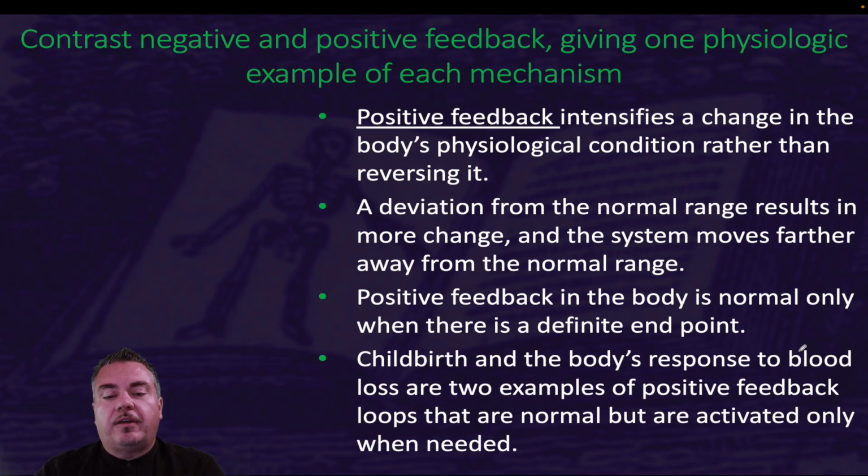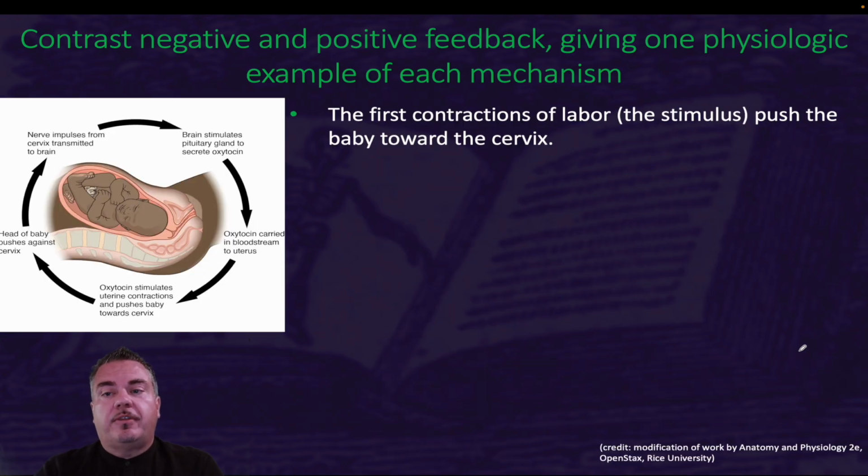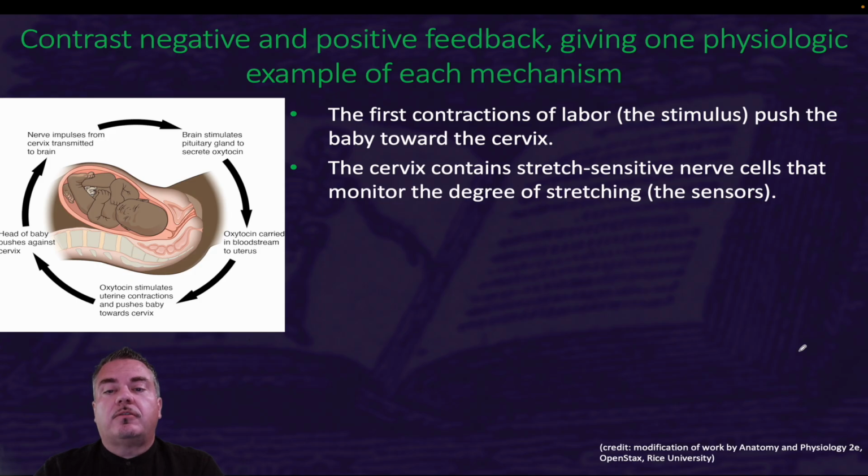Childbirth and the body's response to blood loss are two examples of positive feedback loops that are normal but are activated only when needed. For example, the first contractions of labor would be the stimulus which pushed the baby towards the cervix. The cervix contains stretch-sensitive nerve cells that monitor the degree of stretching, which would be the sensors.